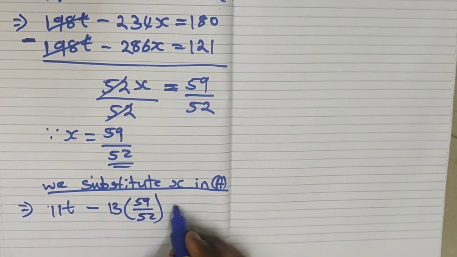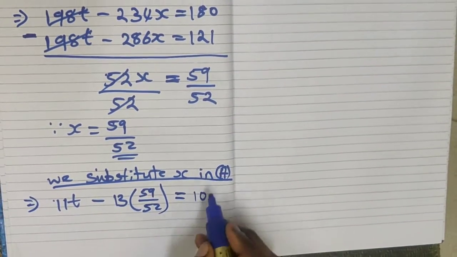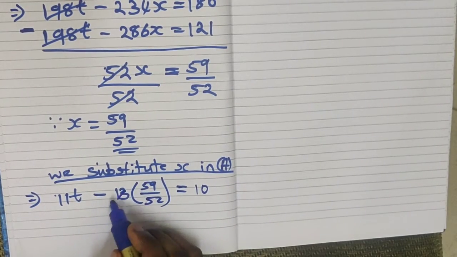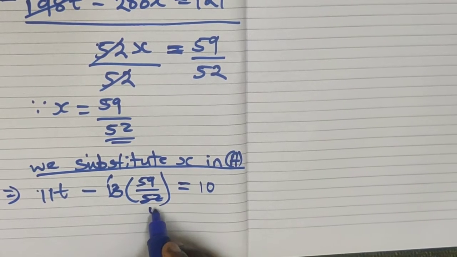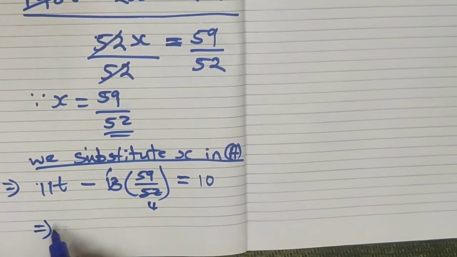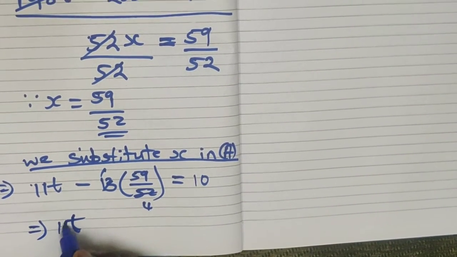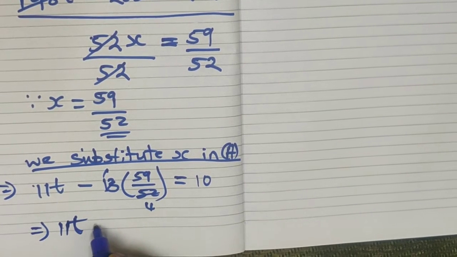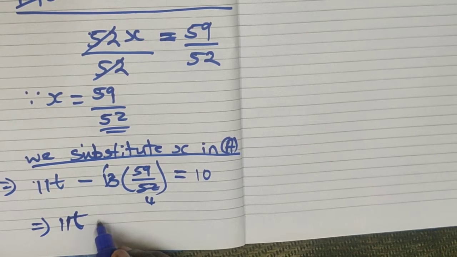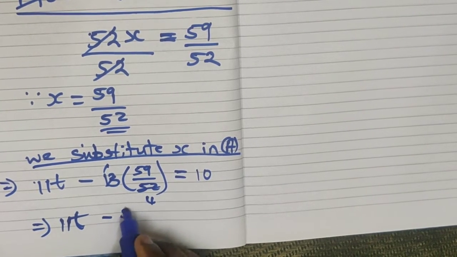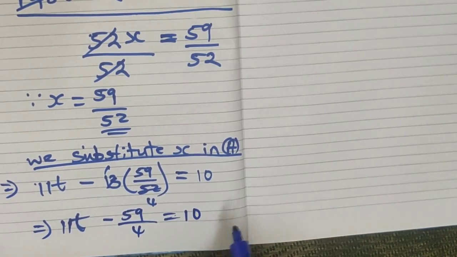As you can see, this can cancel, is equals to 10. 13 can cancel here 1, 13 can go here 4, which implies 11t minus 59 on 4 is equals to 10.